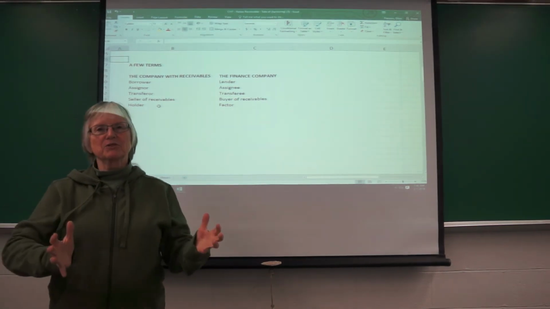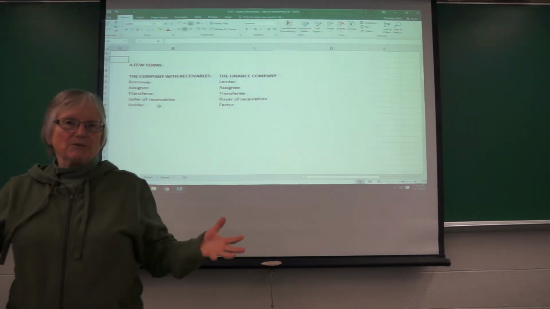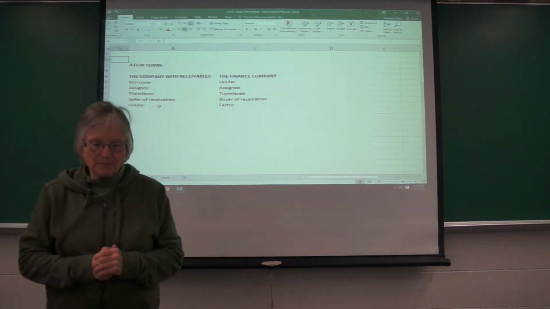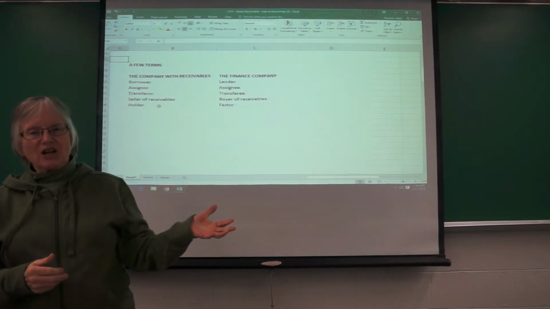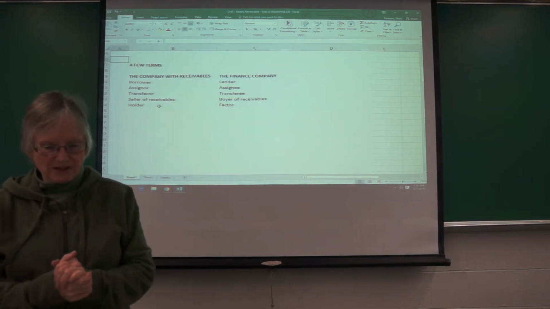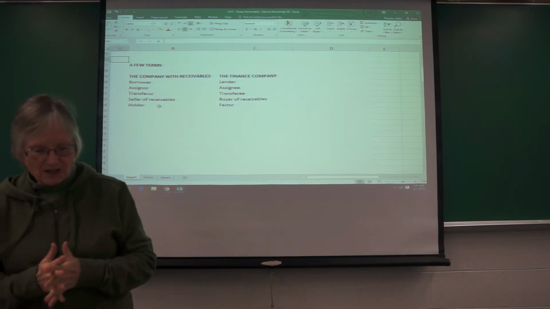They just buy a bunch of receivables. They say, if people don't pay, well, that's our problem. It would be the factoring company's problem. They can't come back to the seller and say, so many people didn't pay, you've got to pay us more. That doesn't happen. So the factor is assuming the risk of any credit losses.